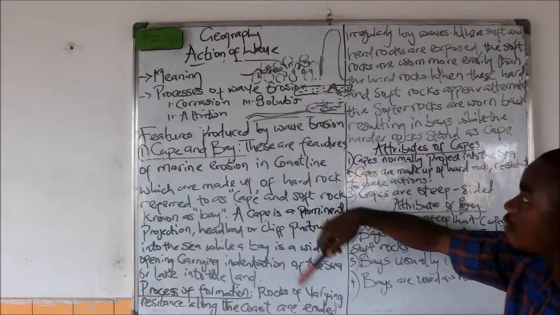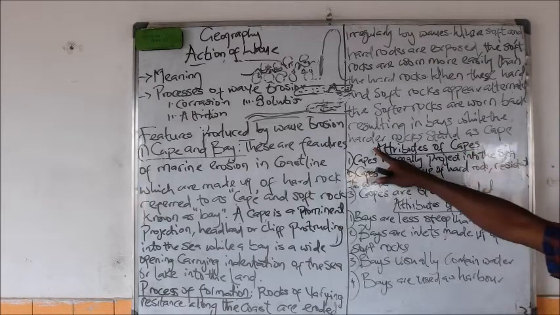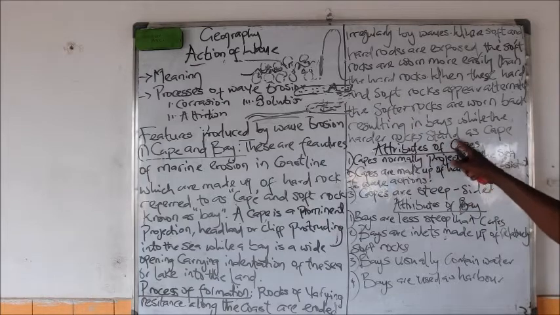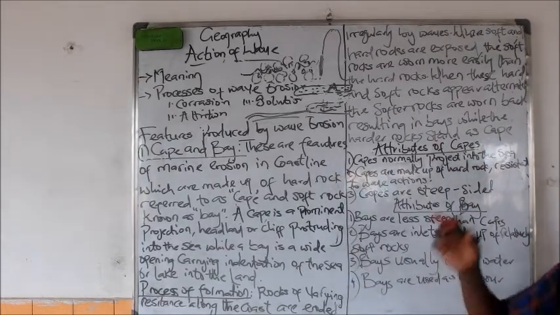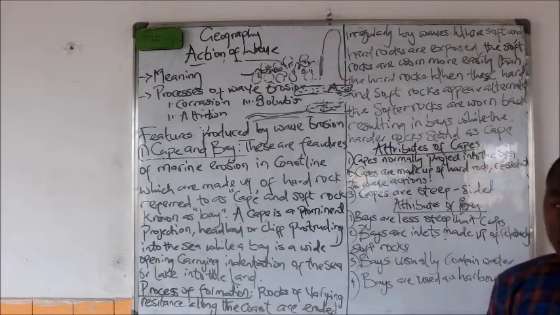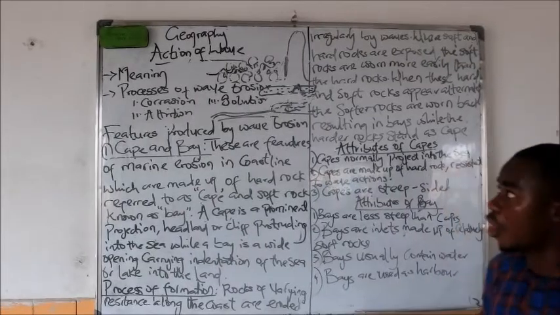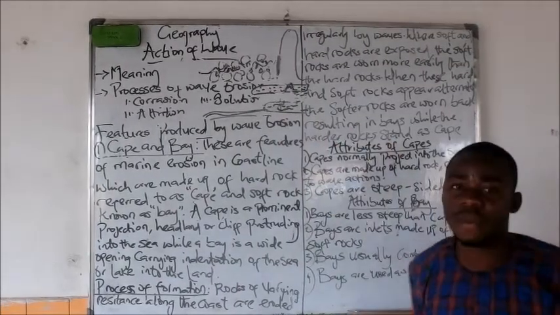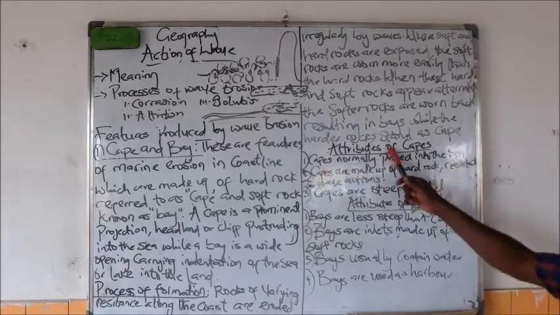When it is worn back, it will result in what we call a bay, while the harder rocks stand as capes. So it's what I've explained before. This is produced as a result of the variation in the resistance of the rock to the marine water.